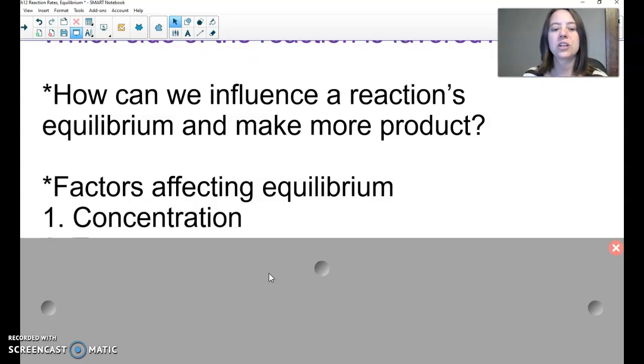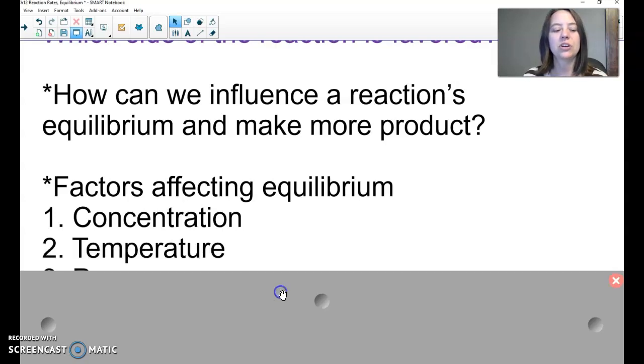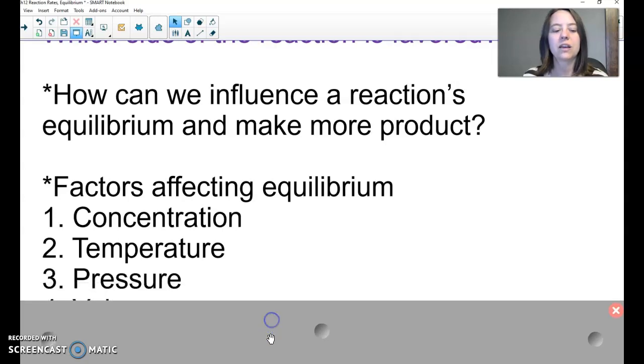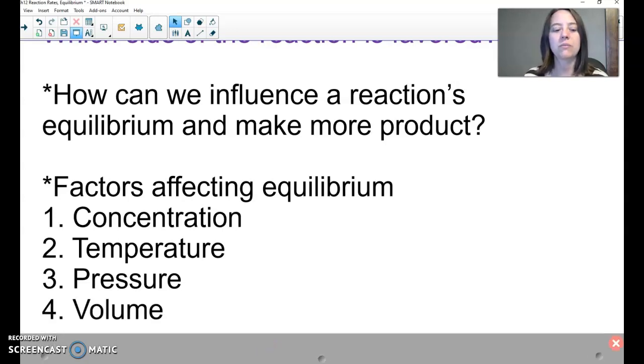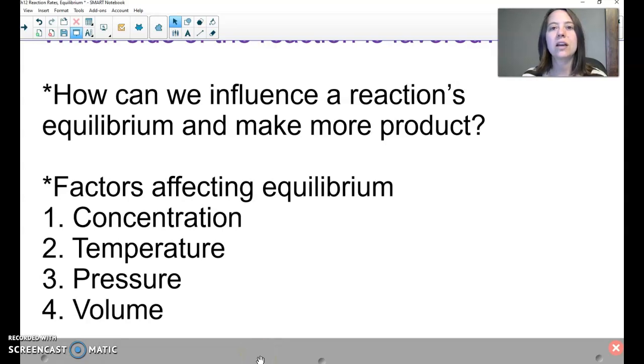The concentration, if we increase or decrease the concentration of the reactants or products, it will change the equilibrium. Temperature, if we increase or decrease the temperature, it will affect the equilibrium. Pressure, especially when gas is involved, if we increase or decrease the pressure, that will affect the equilibrium. And volume, if we increase or decrease the volume of the system, that will affect our equilibrium.